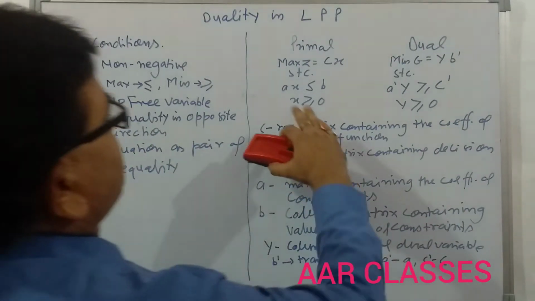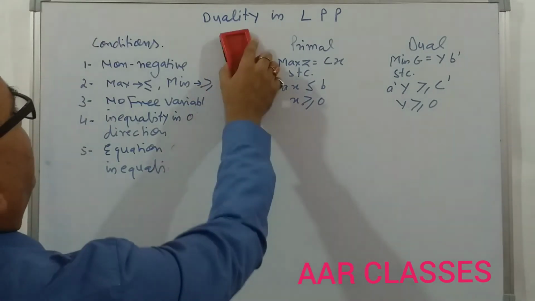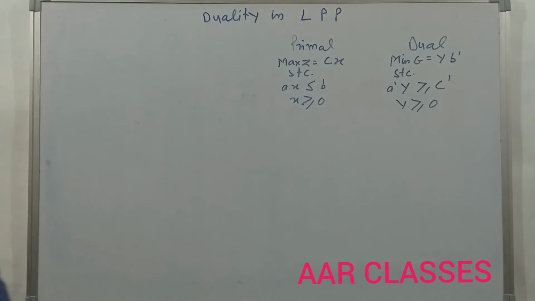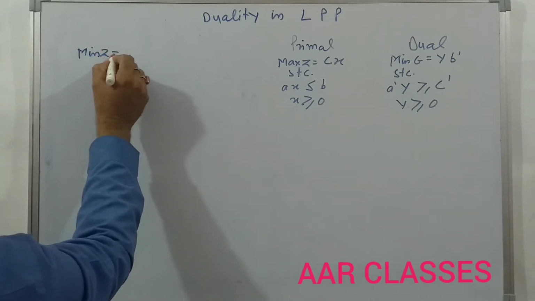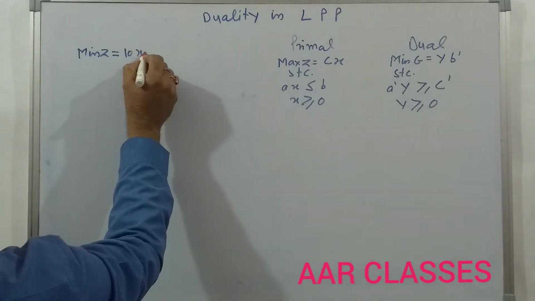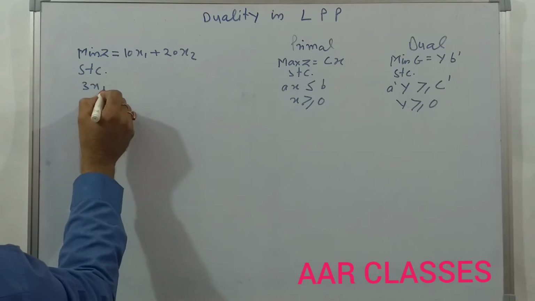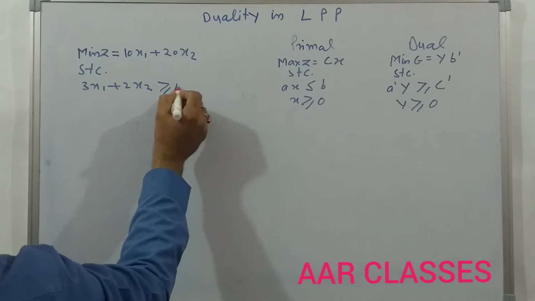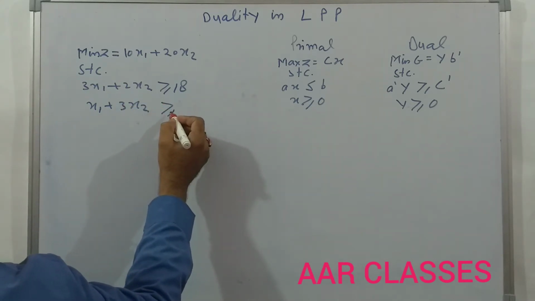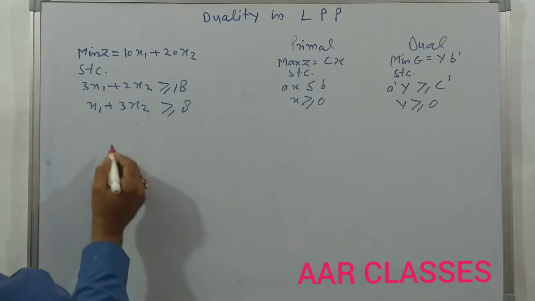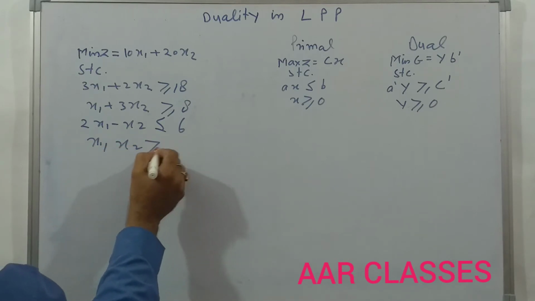So here I am leaving it to you so that it is in your knowledge and you are watching it, how we will convert the question we take. Suppose we took a question: minimum z is equal to 10x1 plus 20x2, subject to constraints 3x1 plus 2x2 is greater than or equal to 18, x1 plus 3x2 is greater than or equal to 8, and we have 2x1 minus x2 is less than or equal to 6, x1, x2 greater than or equal to 0.